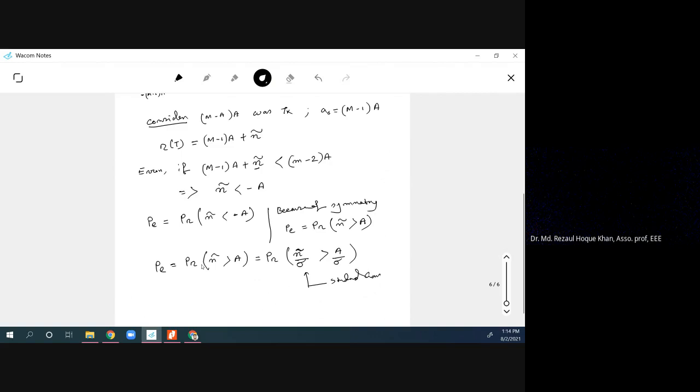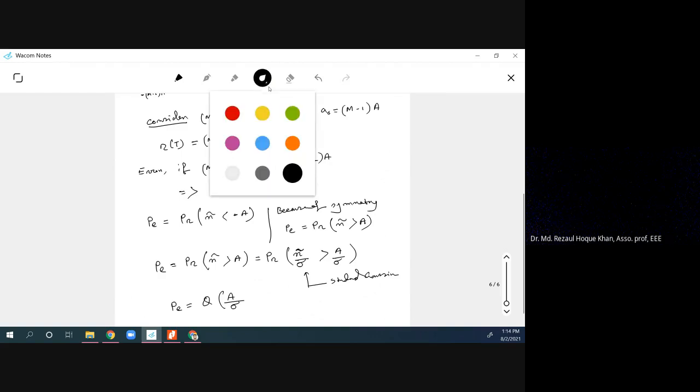So apply the same rule. For the endpoint, the probability of error is nothing but the Q function of a by sigma. So this is our other solution, for the endpoint.